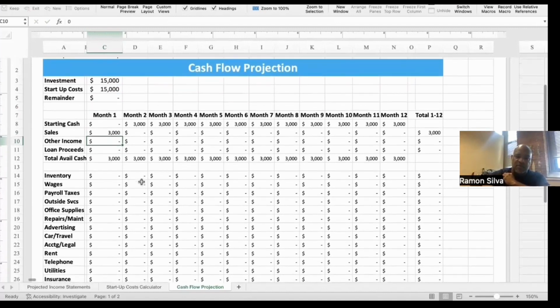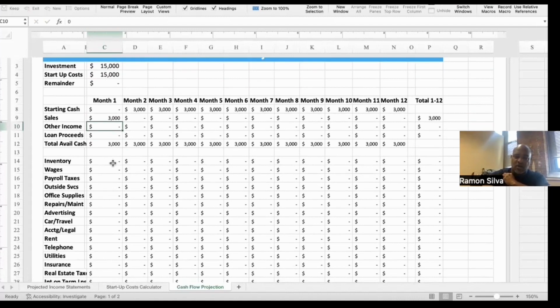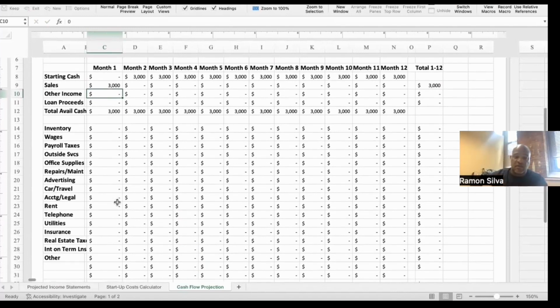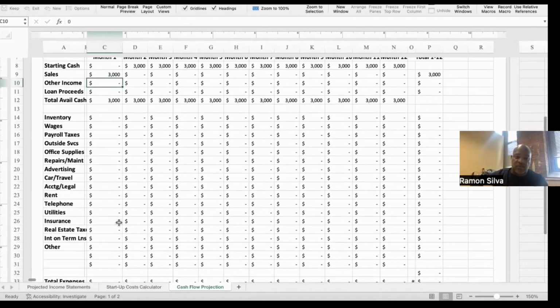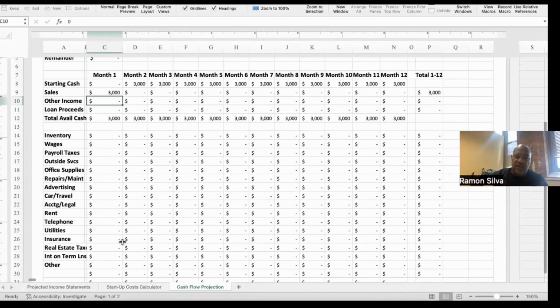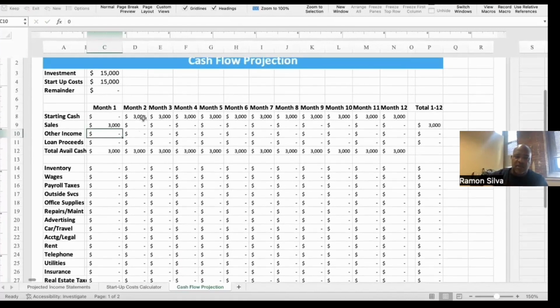If your business is producing a product, you're going to have inventory, wages, any of these expenses, which should tie from your fixed cost calculator on the preceding spreadsheet. Your expenses are going to total, and it is going to tell you here how much cash you are going to have to start month two.